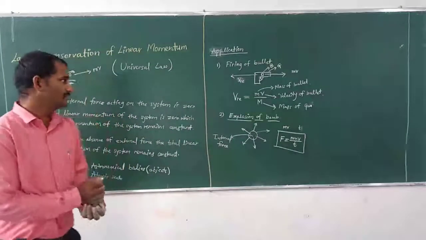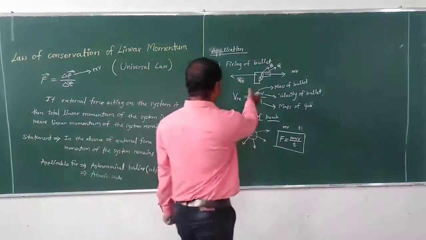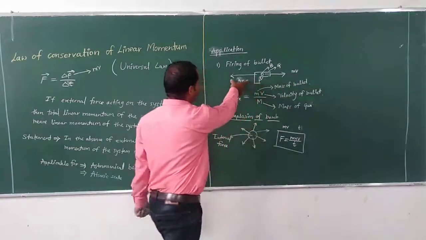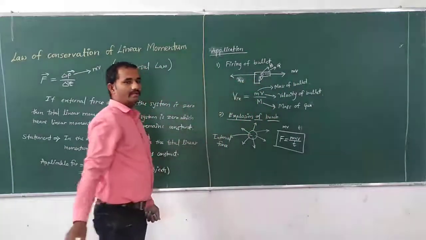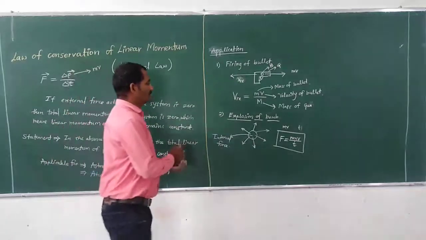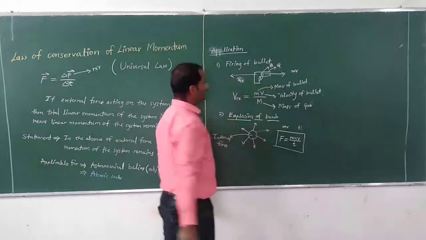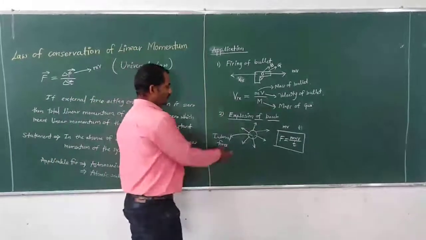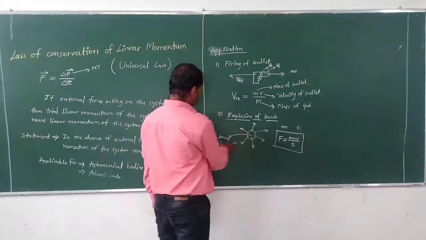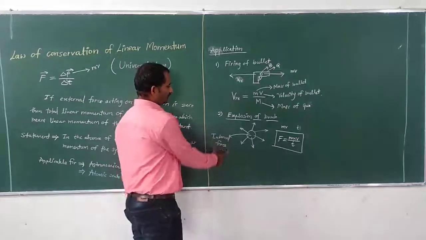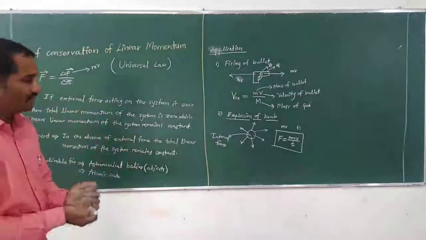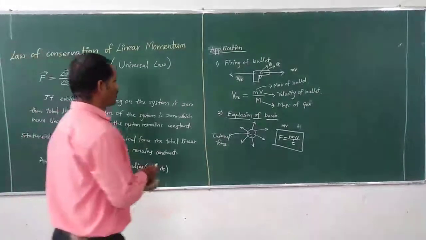Here also the bullet is going along this direction, at the same time the gun is moving in the opposite direction. So the net linear momentum of the system remains constant. Here also this explosion is due to internal force.